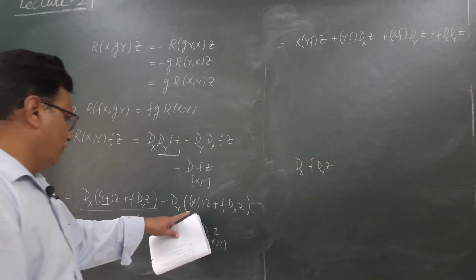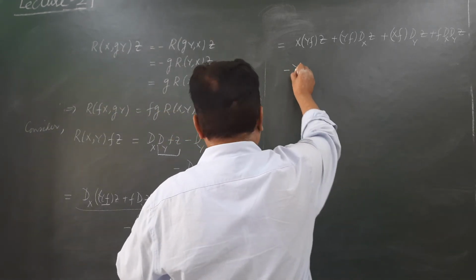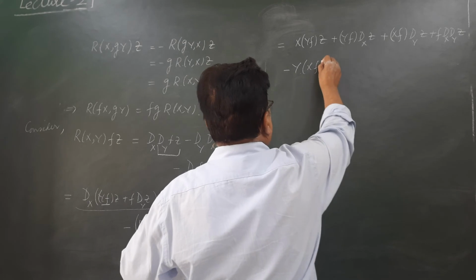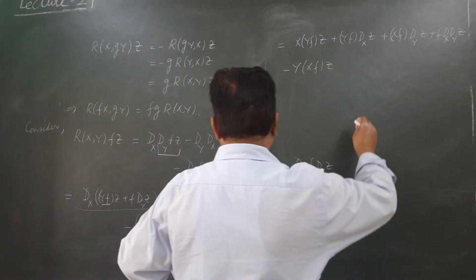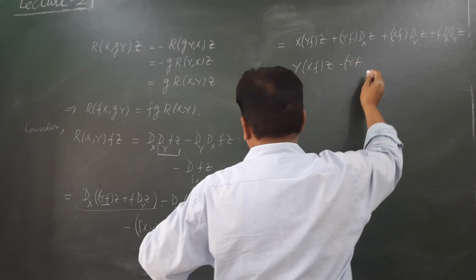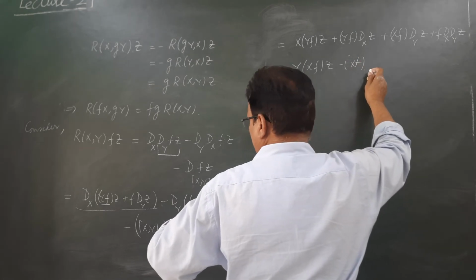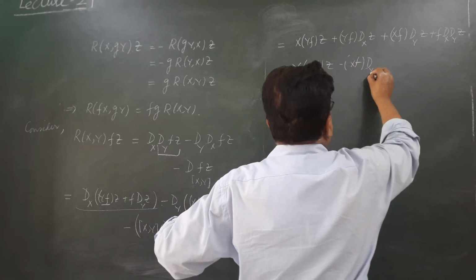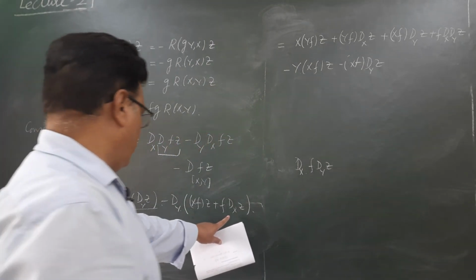Similarly, you can resolve the second term. So minus y operating on xf into z. Once again minus, sorry, xf is out dyz. Is that fine? Come to here.